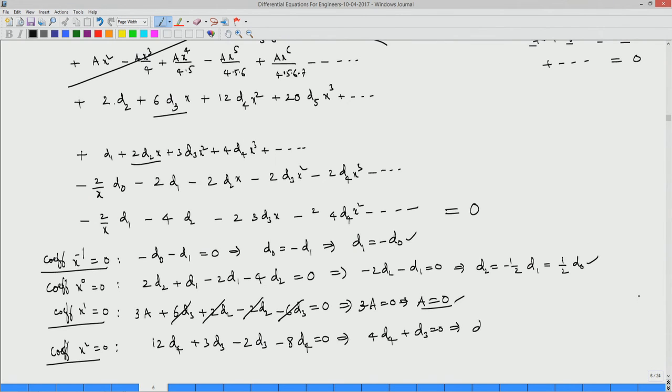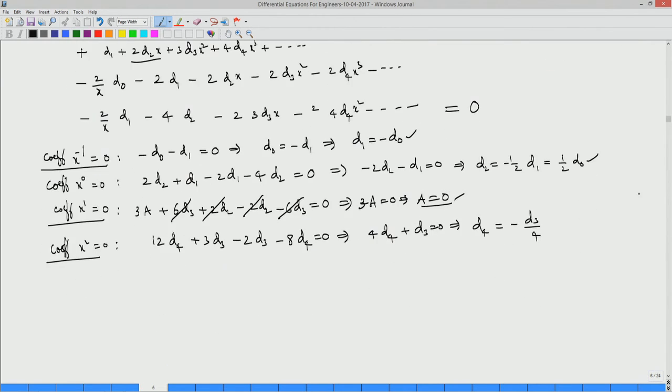So, that will give me d4 equal to minus d3 by 4. So, what is d3? d3 is arbitrary now. d3 and d naught both are arbitrary. That is what you are seeing.